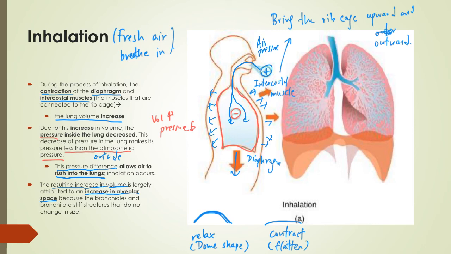So in this part, you have to pay attention. First of all, this is because of the muscles. The muscles, including the diaphragm and the intercostal muscles, contract, which increases the volume of the lung, which causes the decrease of air pressure inside the lung.